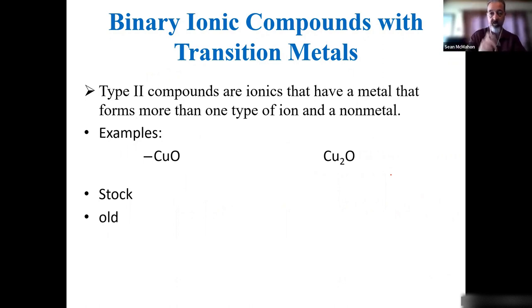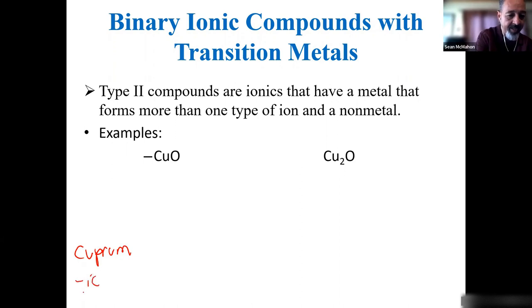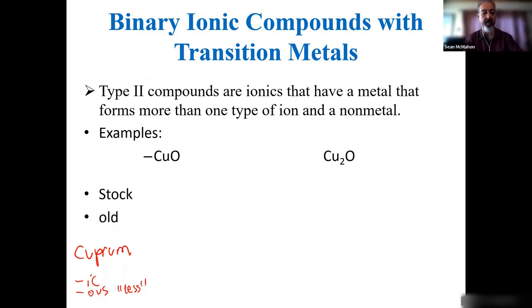Copper, Cu. The Latin name is cuprum. That sounds so funny. Remember, you got the -ic and the -ous, and you can use my goofy little thing. The -ous is less of a charge. Okay, so if I was to have the stock system, I'm just going to say copper and then Roman numeral charge oxide.